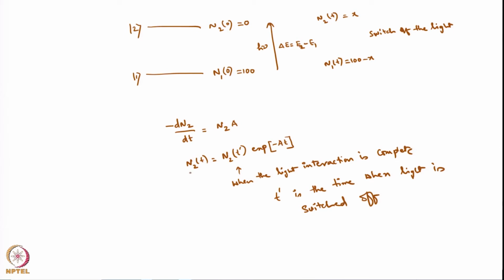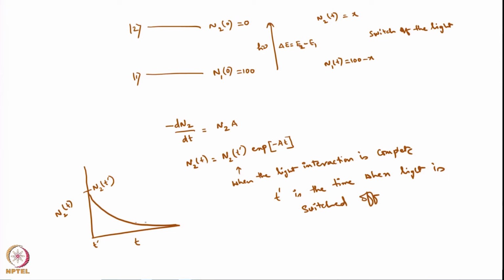Now this is an exponential. So N2 of t will have some value at t prime, and then it exponentially decays. It starts at t prime and goes to infinity, asymptotically going to 0.